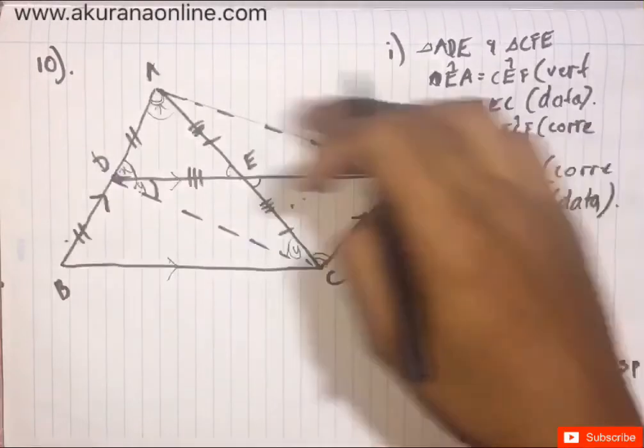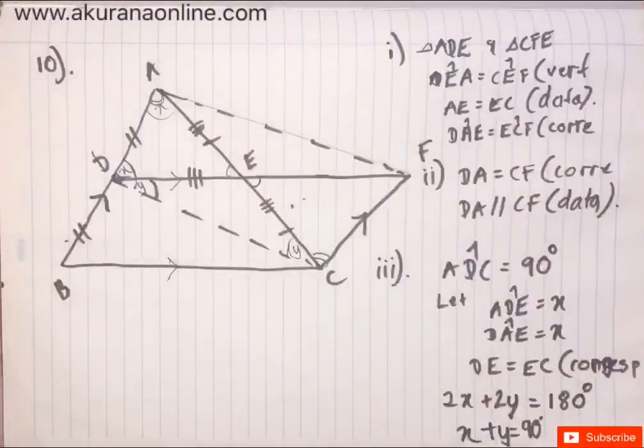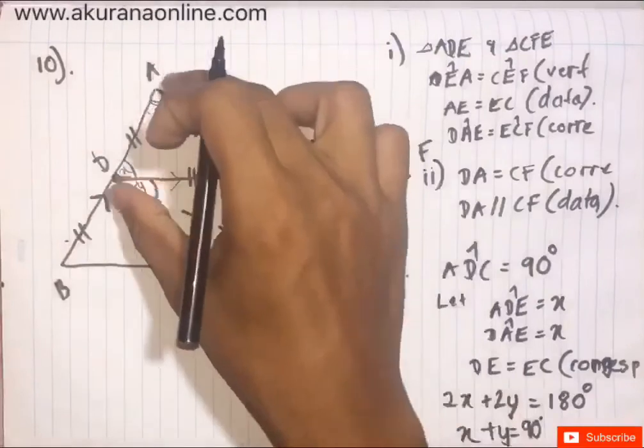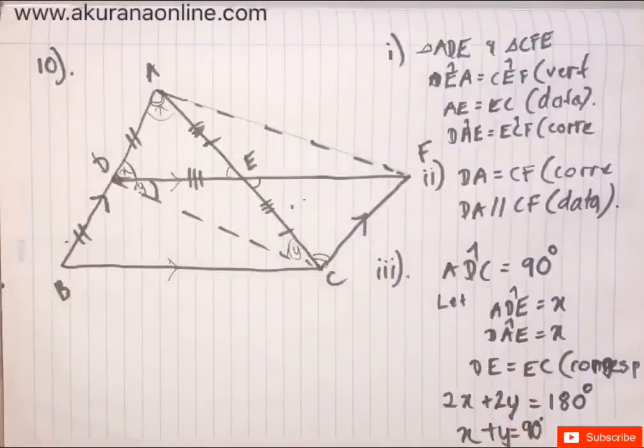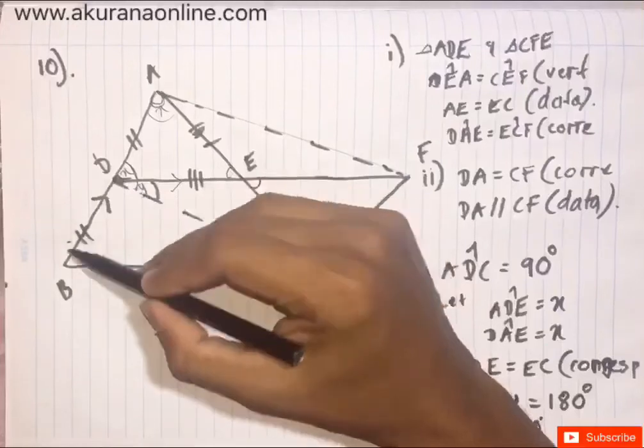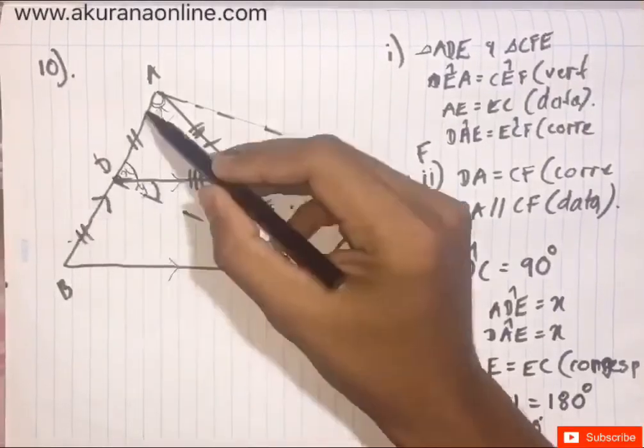After proving that this is a parallelogram, you have to show that the area of this parallelogram is equal to ABC. Okay, now you can start it this way. Already in the data they have said that this is the midpoint of these two.